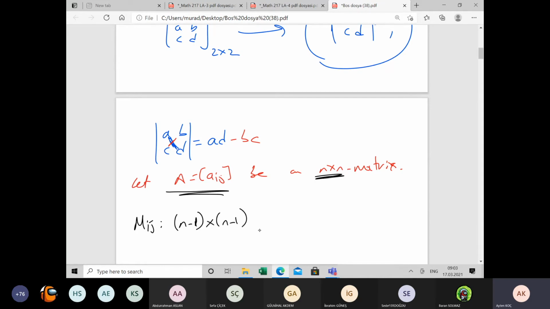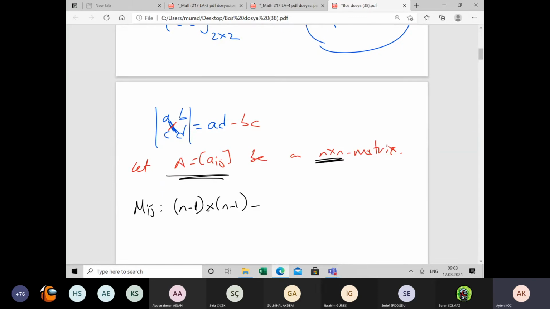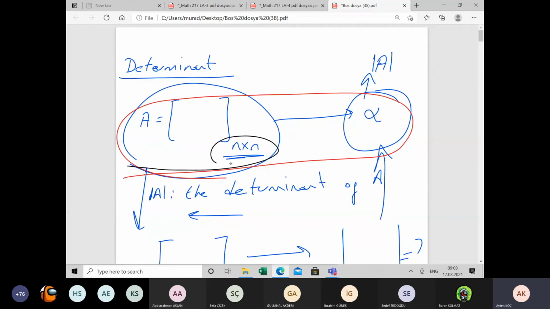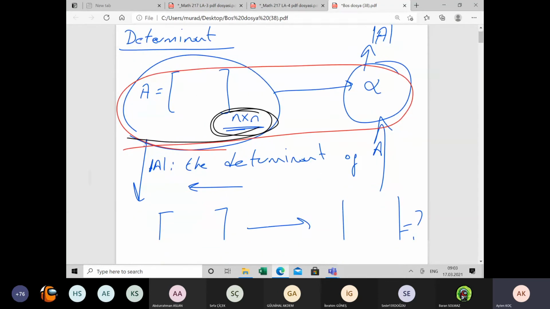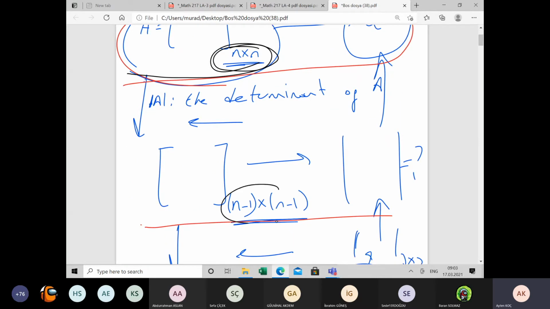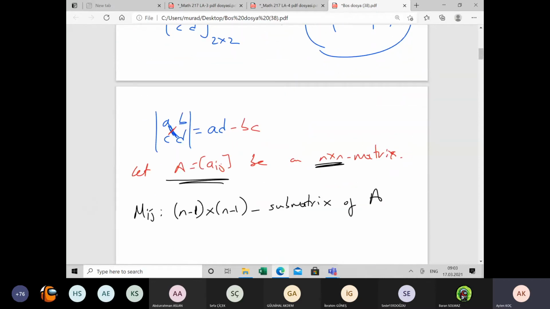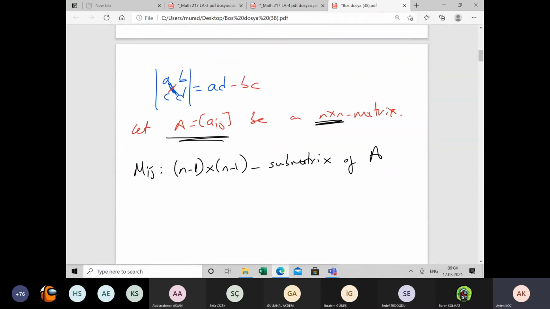This matrix is a submatrix of matrix A. Look at our process: we start with an n by n matrix, reduce the problem to finding an n minus 1 by n minus 1 matrix, and this is a submatrix of A, denoted by Mij. So how do we get this submatrix?